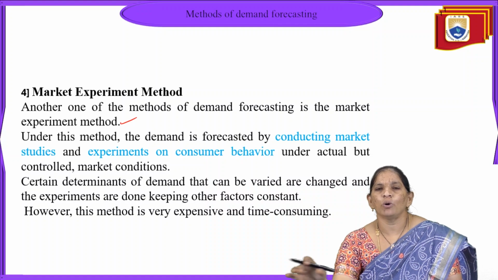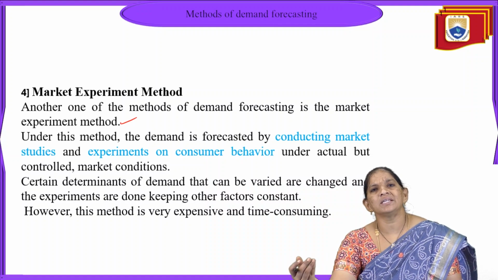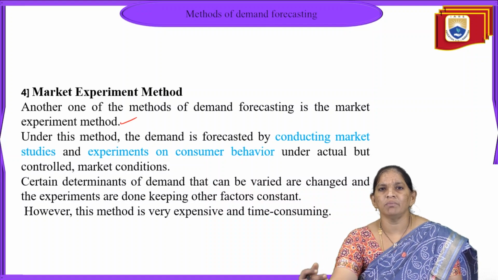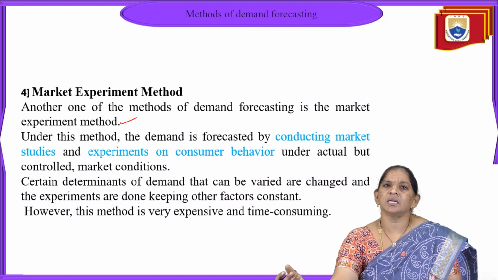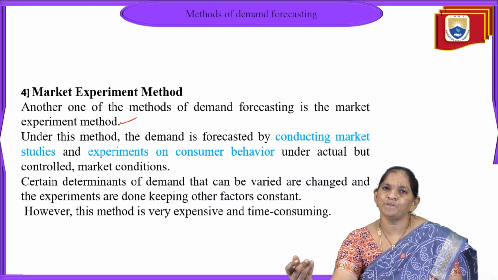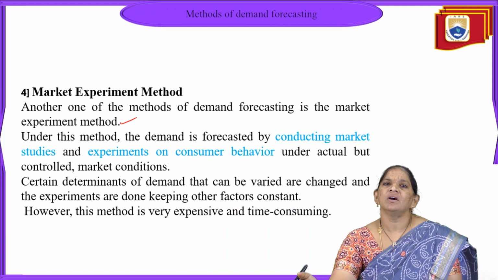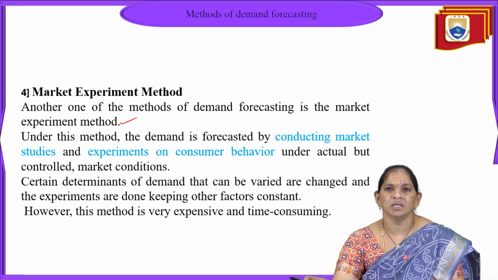Why? Because the same constant selling price or the same type of factors will not be possible in the market, since marketing and external conditions are always dynamic and changing. In these conditions, some factors will always be changing and will not be in a stable condition.